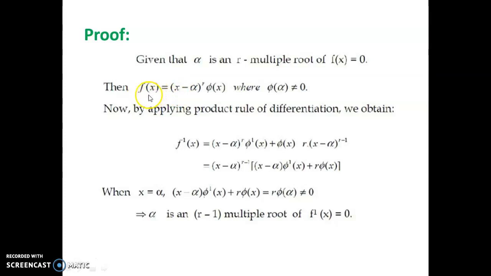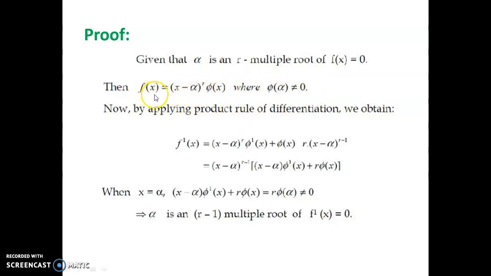That's why f of x can be written as x minus alpha raised to r into some phi of x, where phi of alpha is not equal to 0, because if phi of alpha becomes 0, then alpha will again be a root of f of x, and that will be an r plus 1 multiple root. But here alpha is an r multiple root. That's why phi of alpha is not equal to 0.